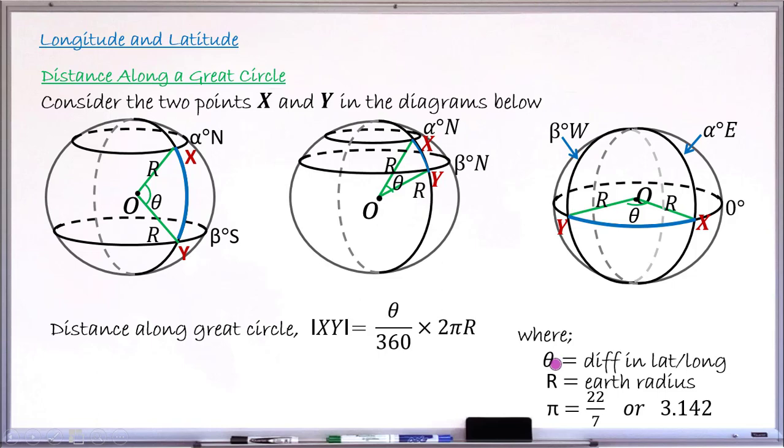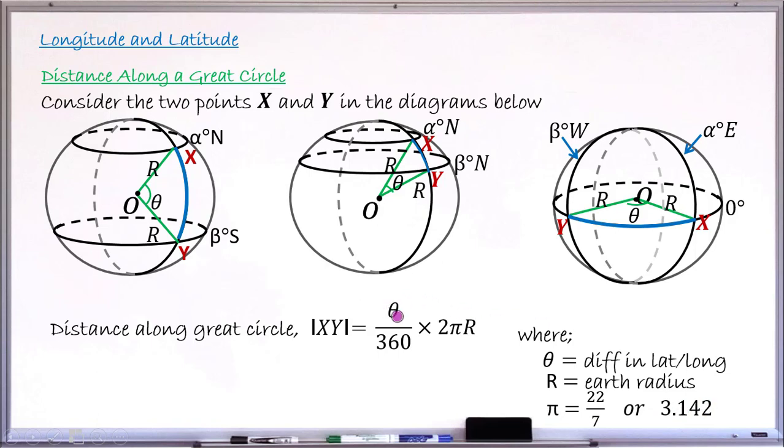So that's why I say theta will be the difference in either latitude or longitude, as the case may be, while capital R refers to the radius of the earth, and pi is a constant value usually given in the question as 22/7 or 3.142.